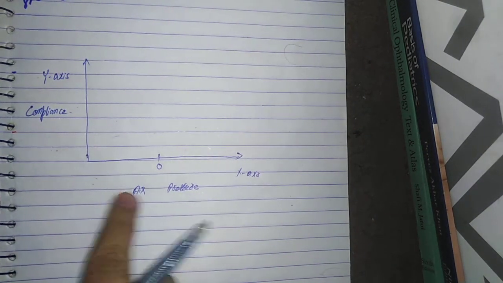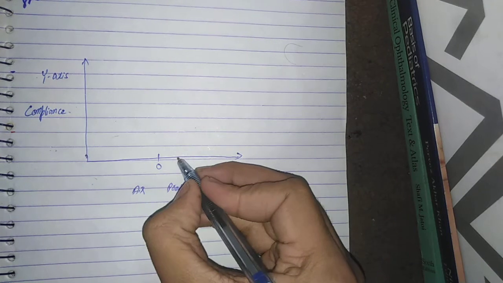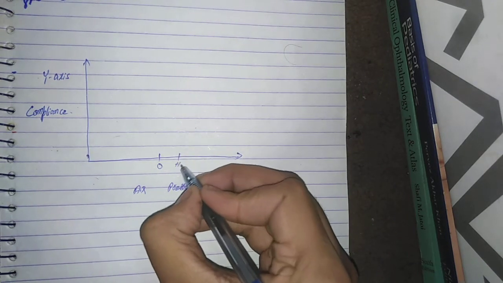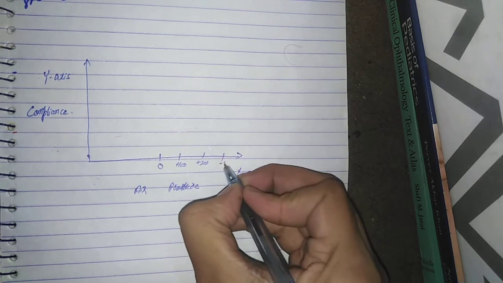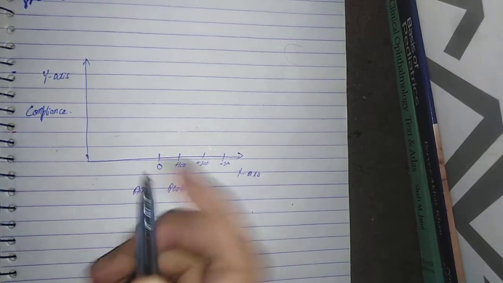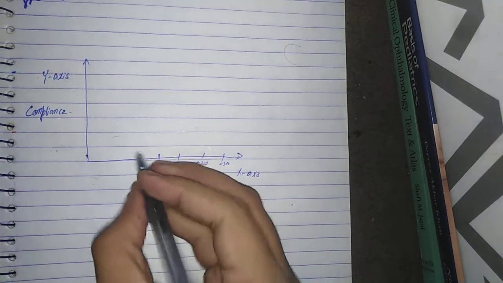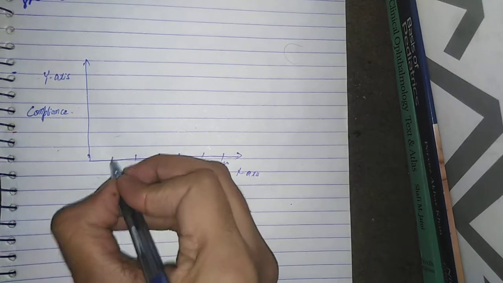We will grade air pressure from 0. On the right side this will be positive 100, positive 200, positive 300 and so on. On the left side from the 0 there will be negative 100, negative 200 and so on.